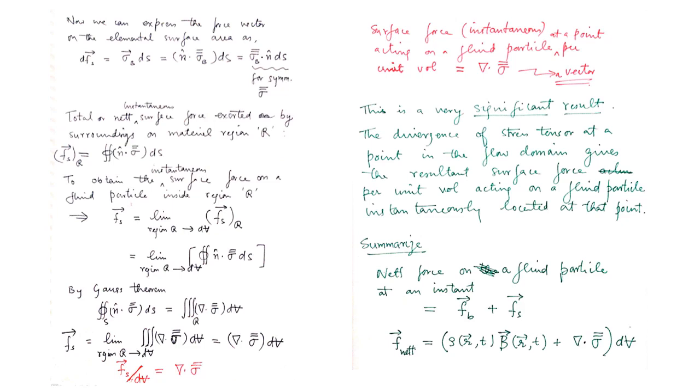And if you have a significant amount of electromagnetics going on, then the body force due to electric and magnetic fields also needs to be considered in writing this net force. So that's it for this lecture.